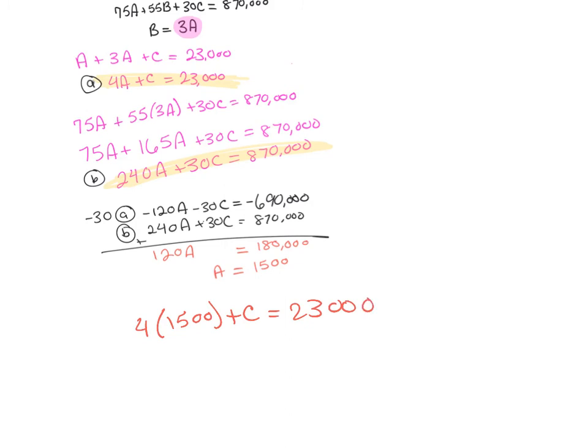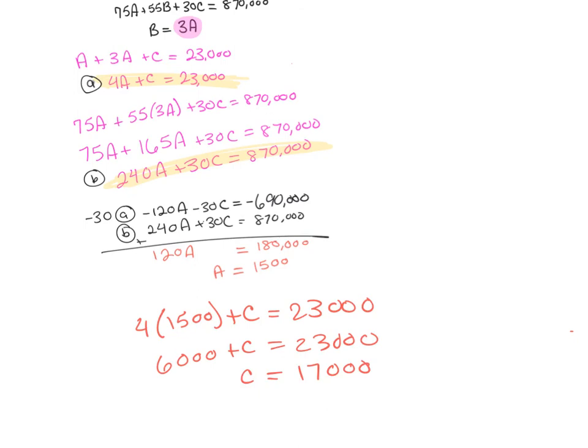And I simplify. 4 times 1,500 is 6,000, plus C equals 23,000. Subtract 6,000 from both sides, and we get 17,000. So section C has 17,000 seats.